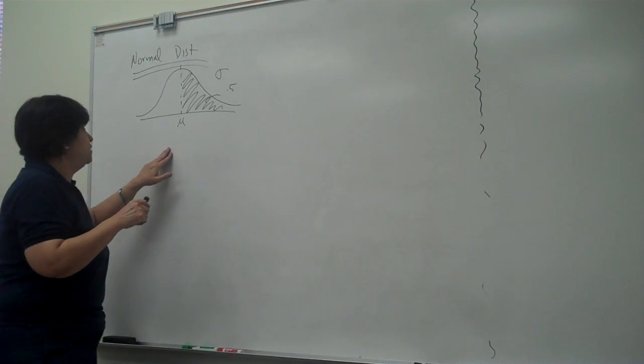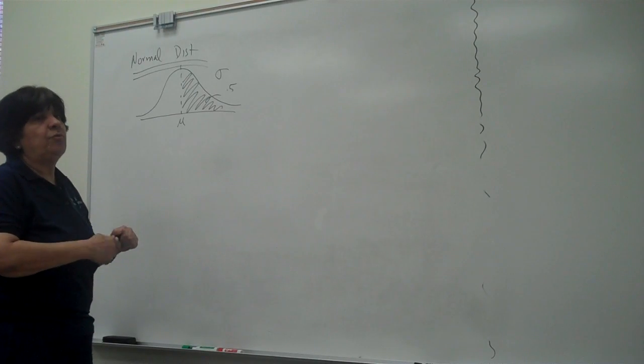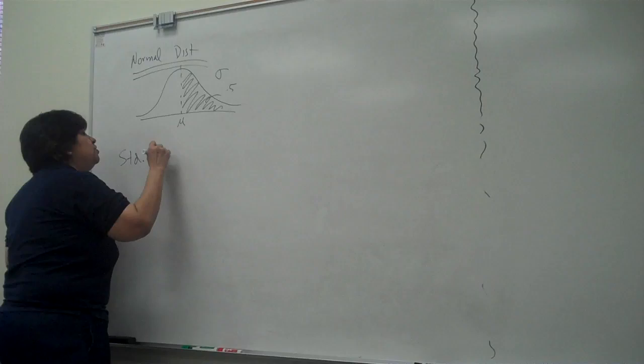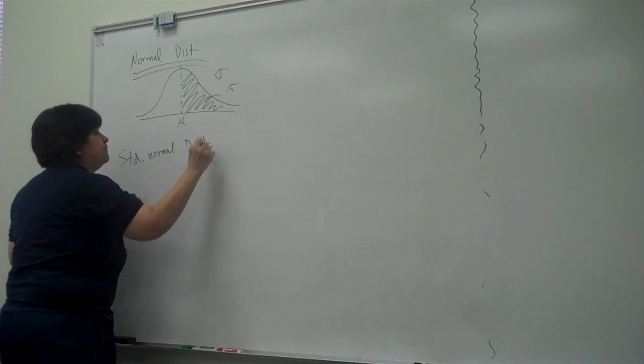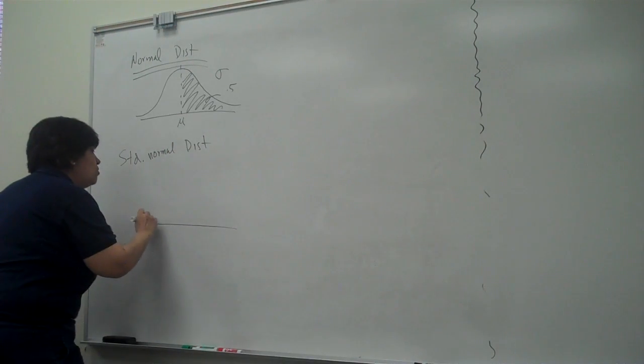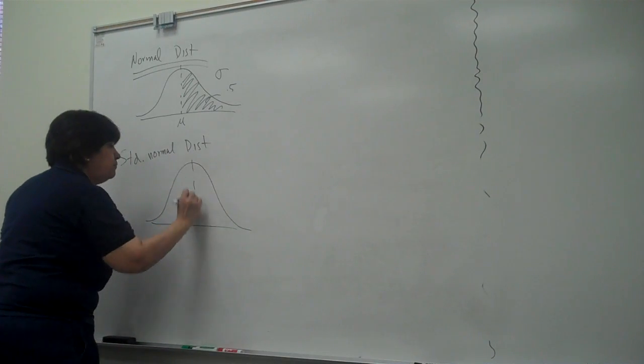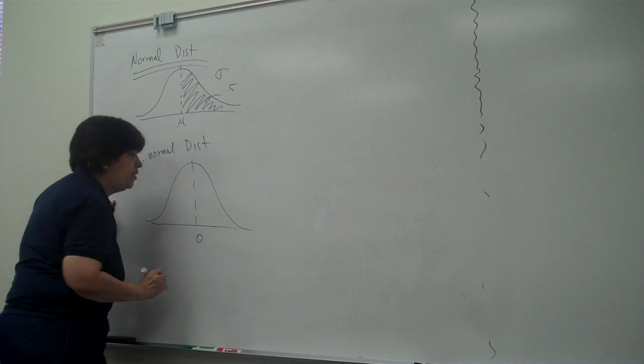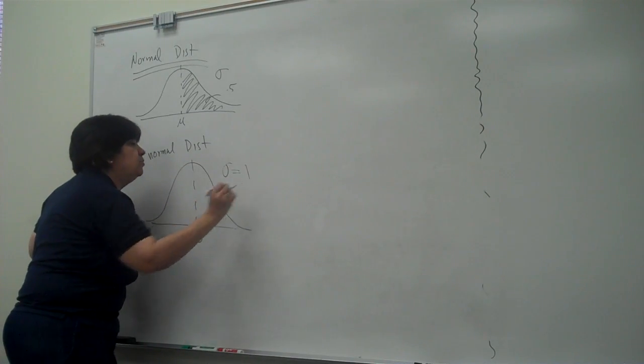One important normal distribution is what is called the standard normal distribution. The standard normal distribution is a normal distribution that has the mean equal to 0 and sigma equal to 1.